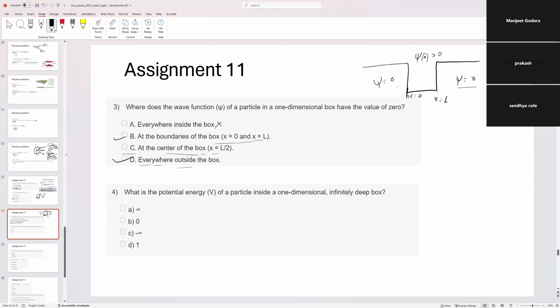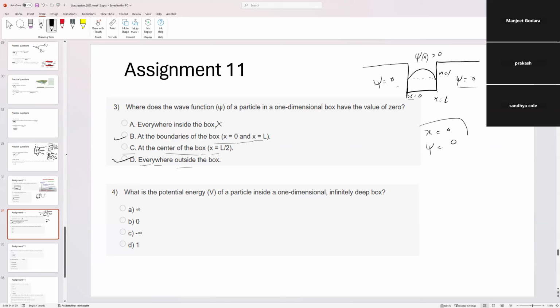Okay, this is asking about any delta function. The probability is 0. It forms a standing wave, it will be 0. So this is your n equal to 1 wave. So node. So here psi is 0 at the ends. The boundary condition we put: x equal to 0, psi equal to 0.